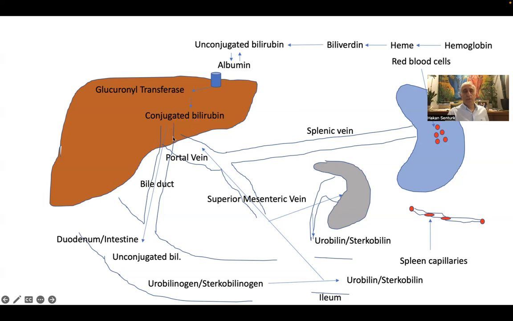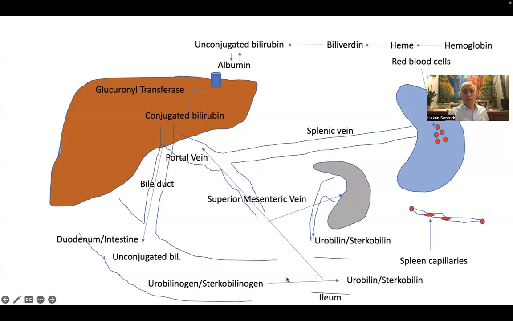Then conjugated bilirubin is excreted alongside with bile salts into the bile ducts, and finally it finds its way into the intestine. And in the small intestine, it is deconjugated to unconjugated bilirubin, and then urobilinogen and stercobilinogen.